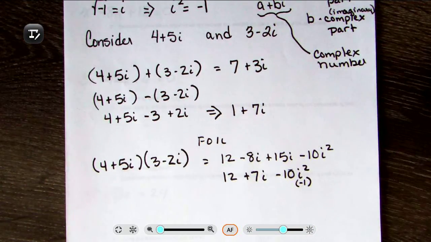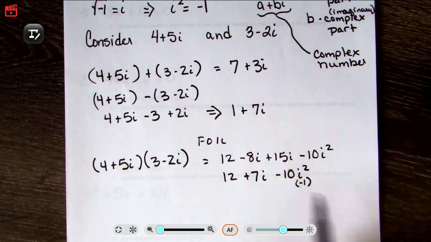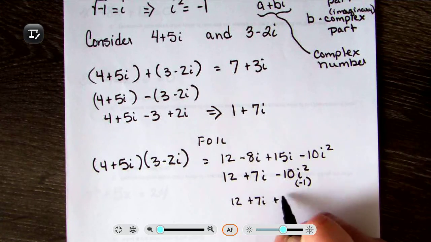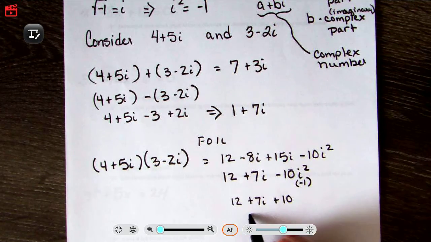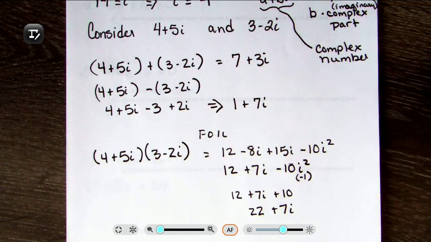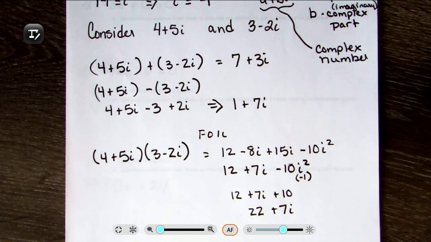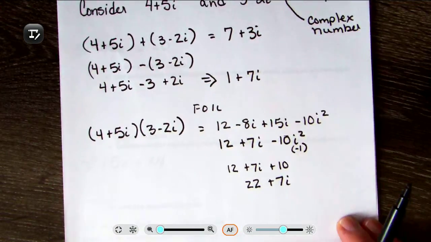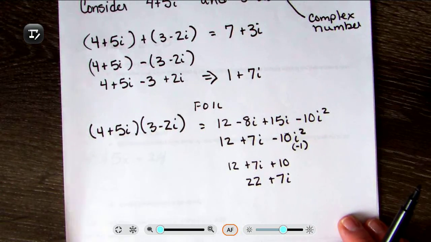So I'm going to take that i squared, turn it into the -1. I'll have a -10 times that -1. And I'm writing all the little steps out here for us. And then combining my like terms again, 22 plus 7i. We do like to write the real part first. I'm not real sure why. Well, yeah, I do understand why, but we'll talk about that more when we get further on down the semester, towards the end of the semester, actually.